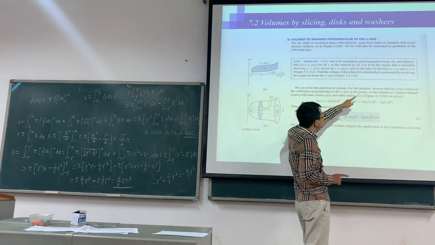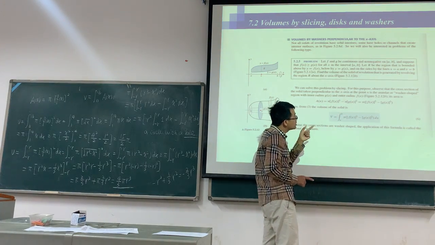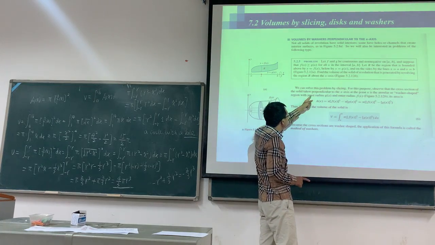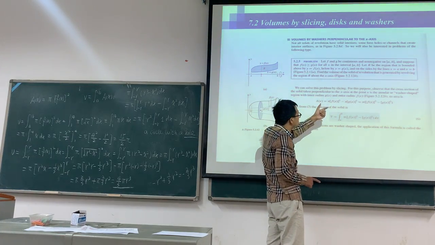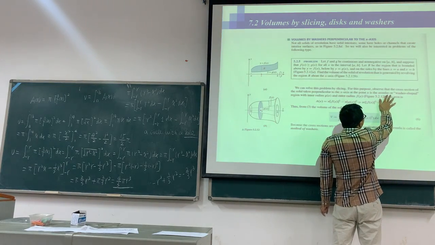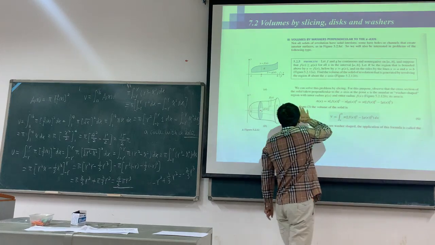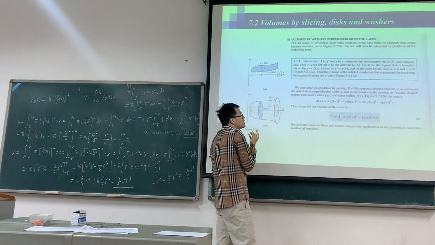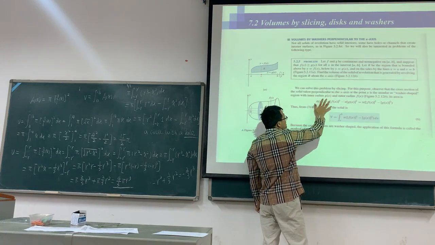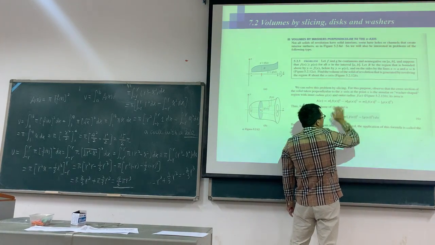For this purpose, observe that the cross section of the solid taken perpendicular to the x-axis at the point x is an annular region, a washer shape, with the inner radius g(x) and the outer radius f(x).